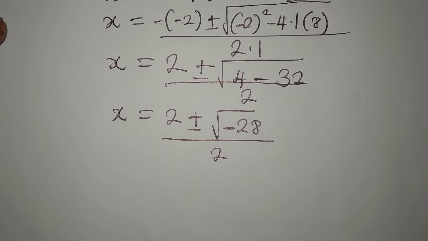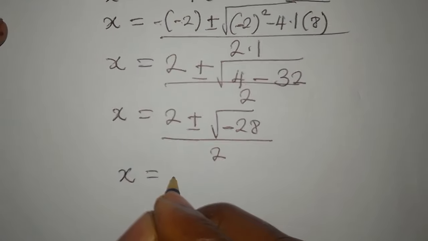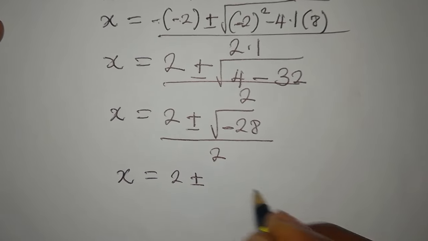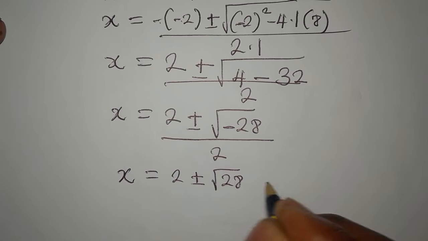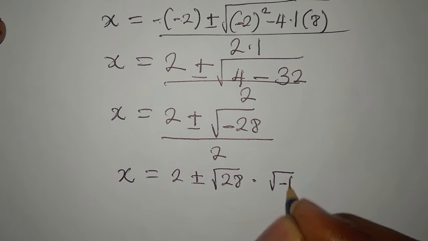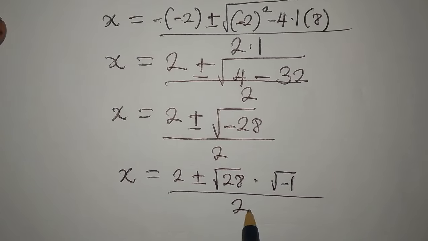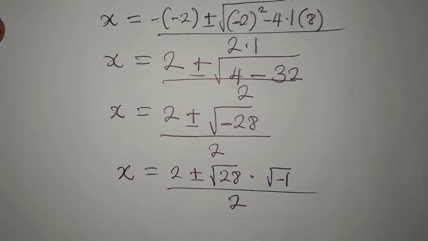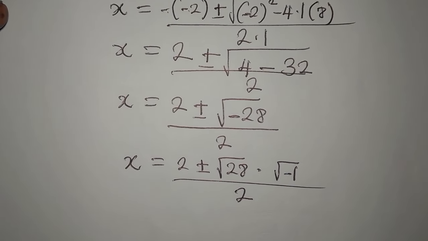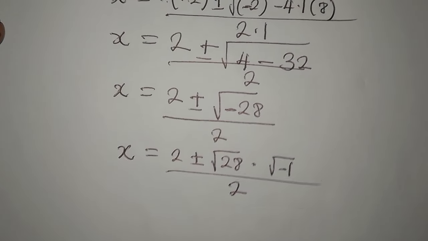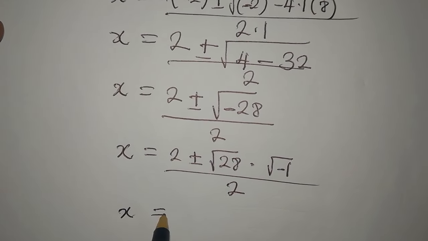Now take another step, which will be 2 plus or minus the square root of 28, multiplied by the square root of negative 1, so that we'll be free to simplify root 28. Okay, so let's continue. Our x will now be what?